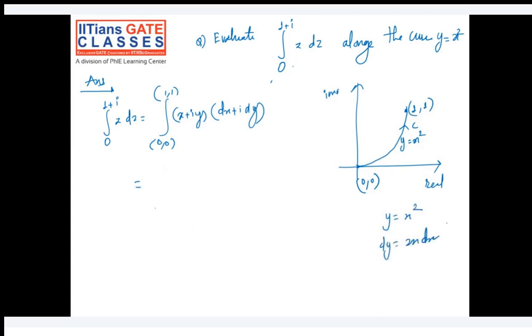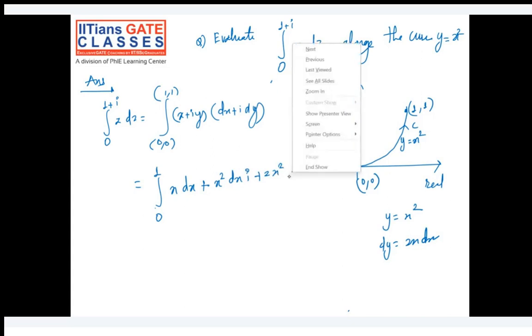So I can write this integral from 0 to 1 as x dx plus y dx times i, where y is x square, so x square dx times i, plus x dy times i, and dy is 2x dx, so 2x square dx, and minus y dy, where y is x square and dy is 2x dx, so 2x cube dx.